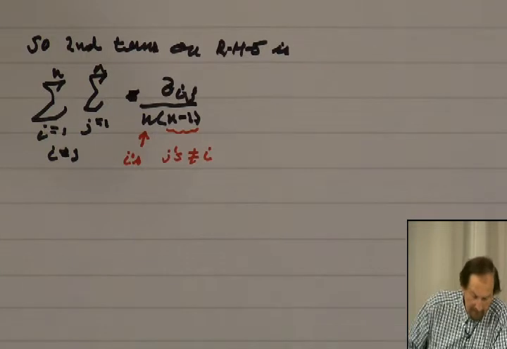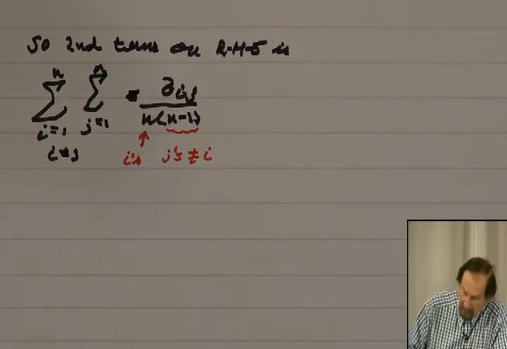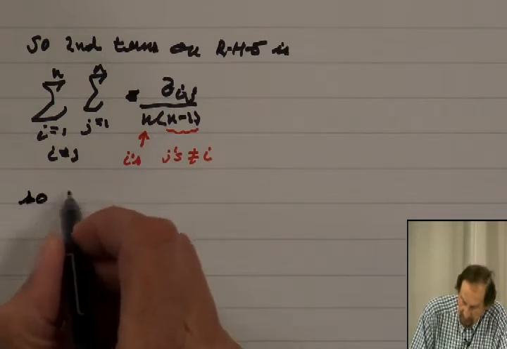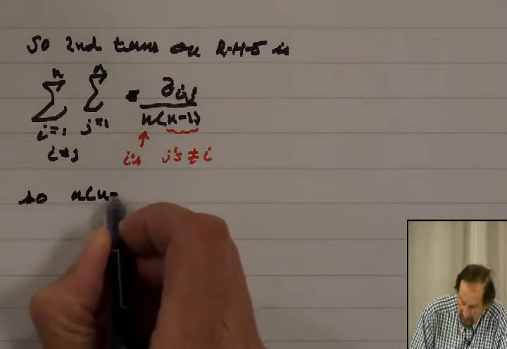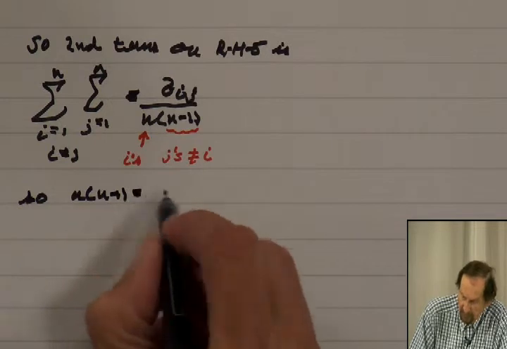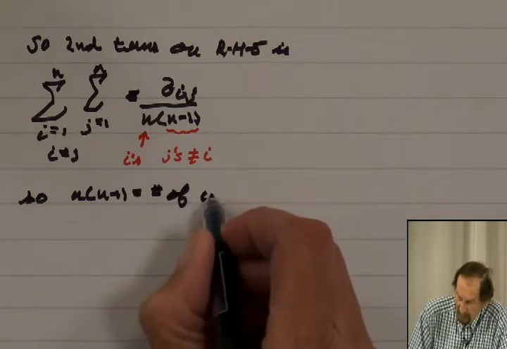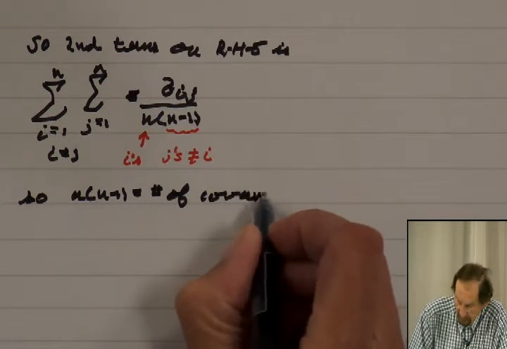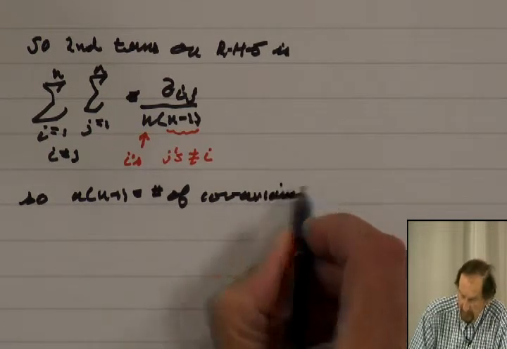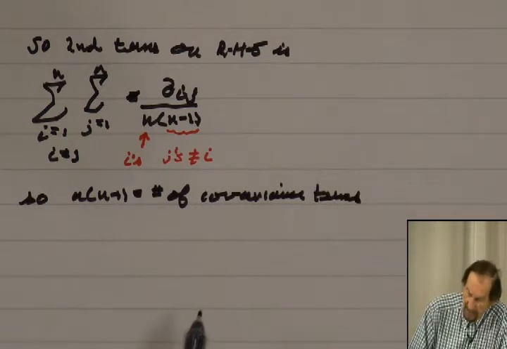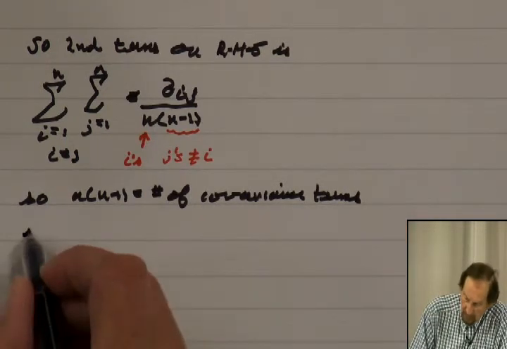So n times n minus 1 equals the number of covariance terms. So what is that right-hand side?